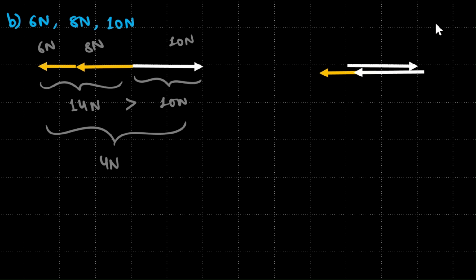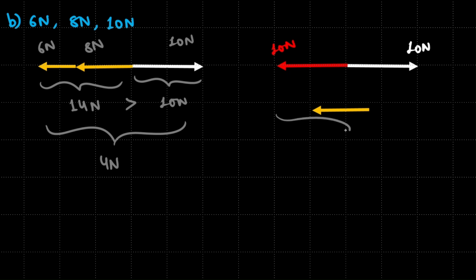So if I rotate this, and let's make it red, since this will actually be red. If this vector is 10 newtons and this white vector is also 10 newtons, then obviously the net resultant is going to be 0 newtons in terms of magnitude.